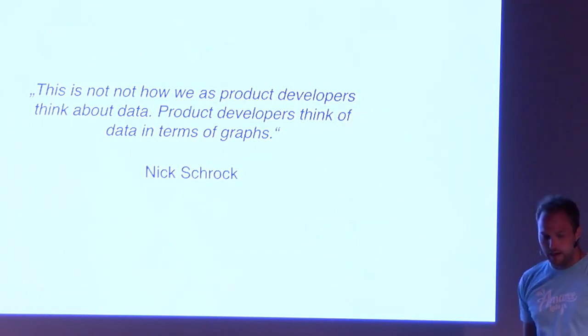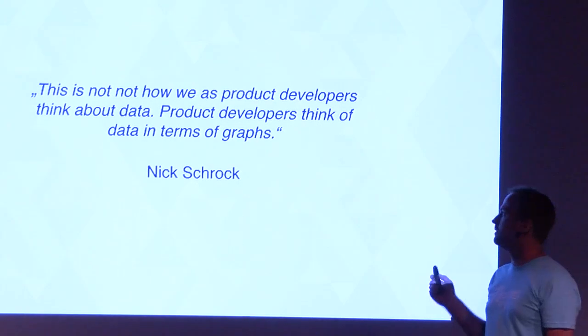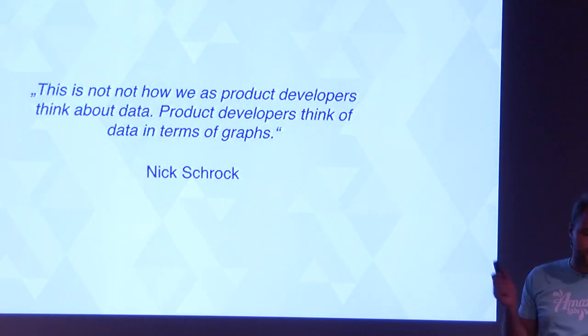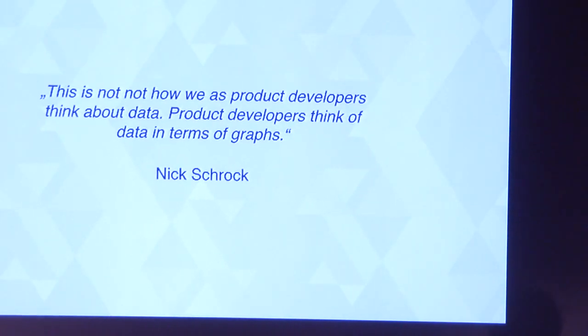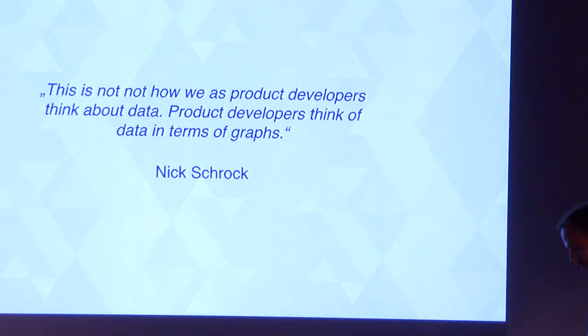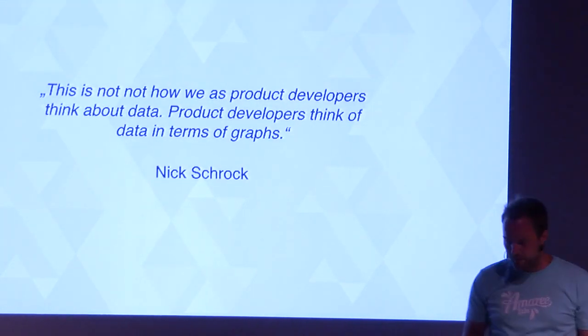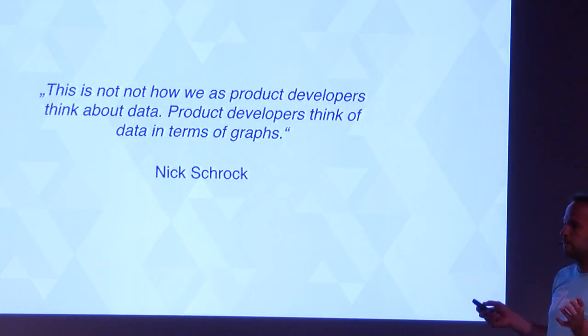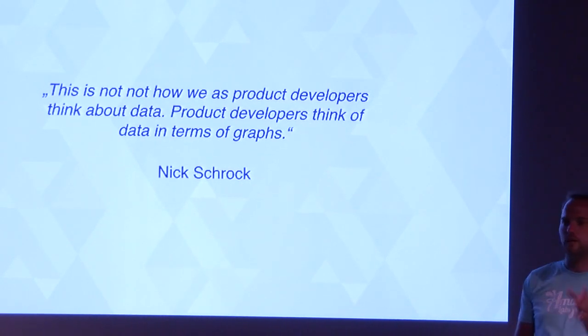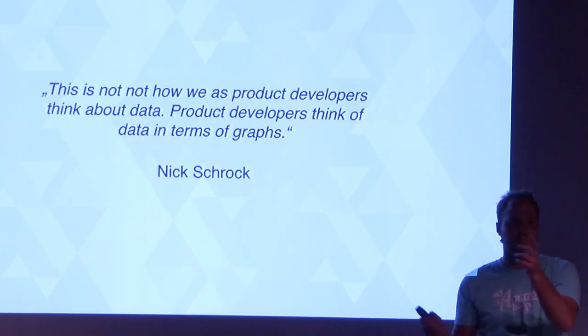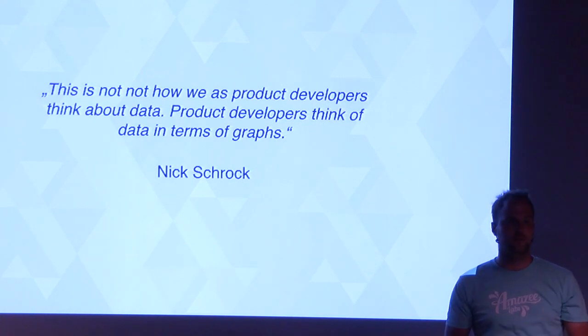Right. And I really like this comment from Nick Schrock. He's one of the developers behind GraphQL. And he said that we as developers don't really think of our data in terms of the database. We think about it as a graph, right? So you have a user and there's related data like friends, and that's really how we think of our data.